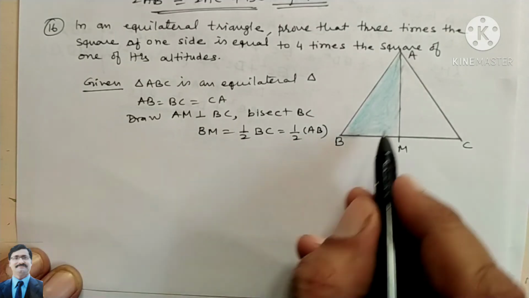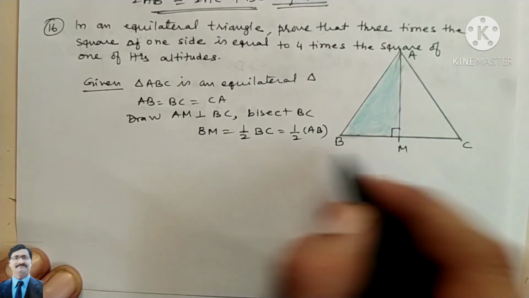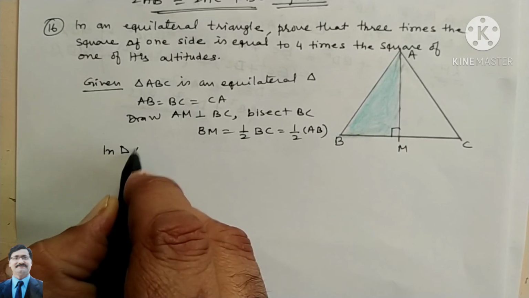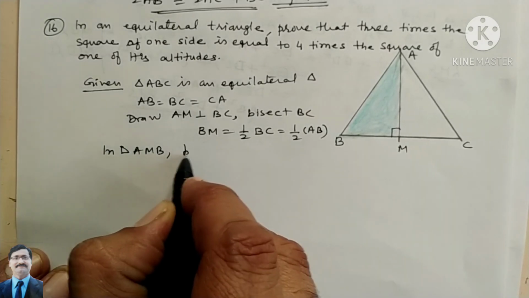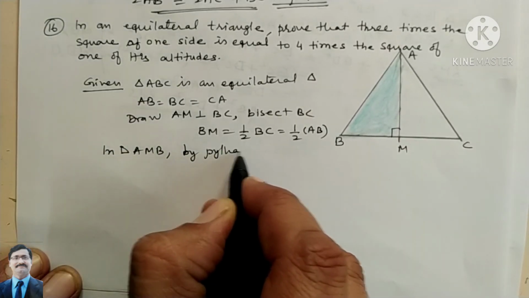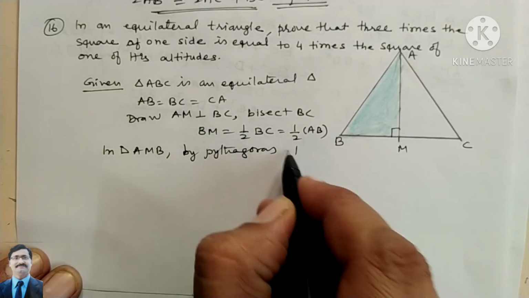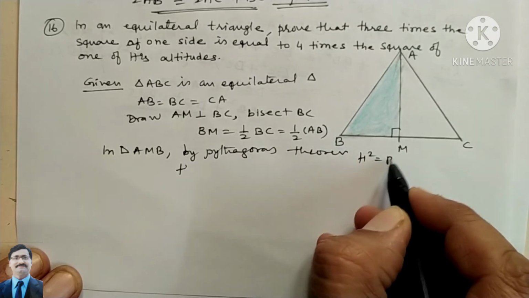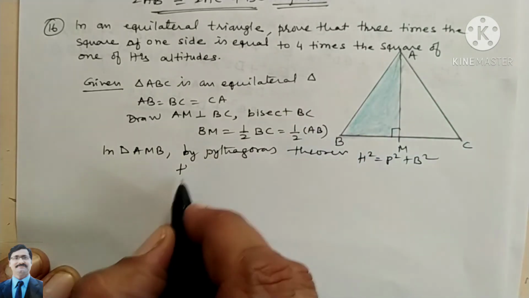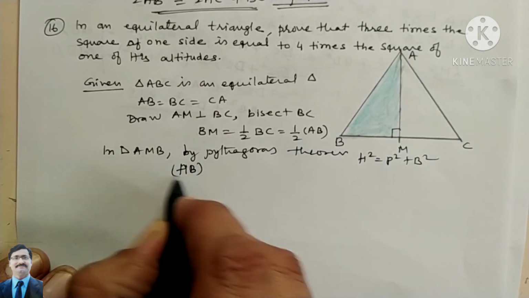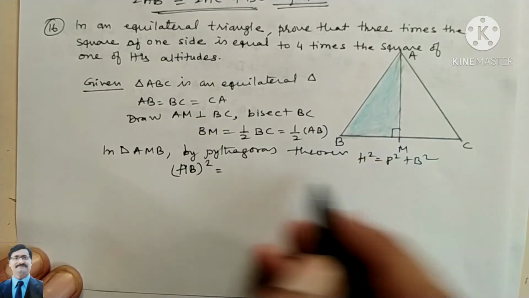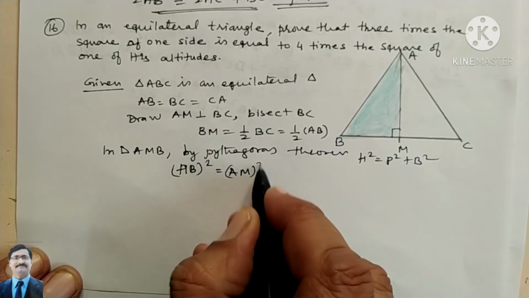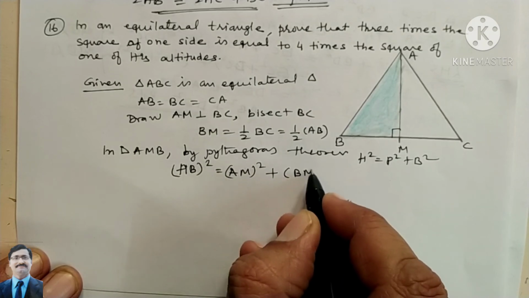Okay. Now we take this triangle ABM. In right triangle ABM, by Pythagoras theorem, we can write hypotenuse square equal to perpendicular square plus base square. Hypotenuse is here AB, so we can write AB square equal to AM square plus BM square.